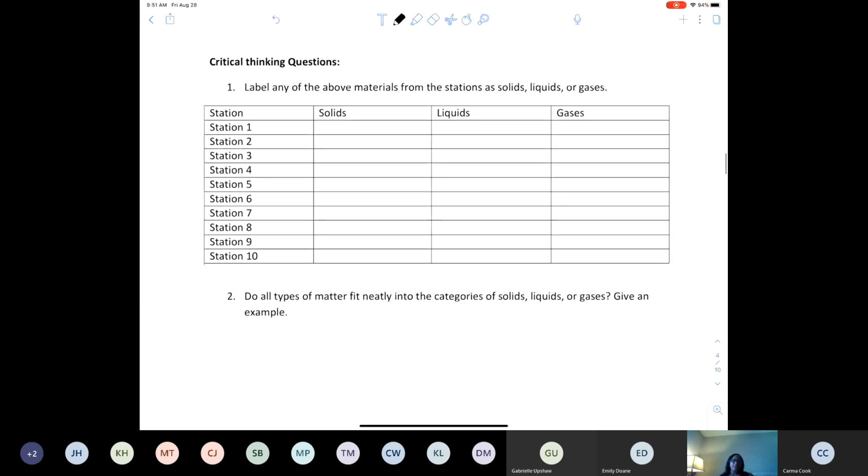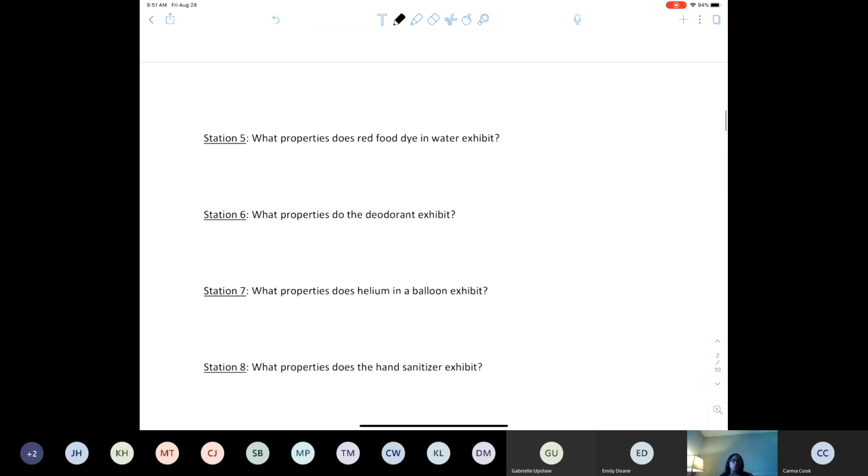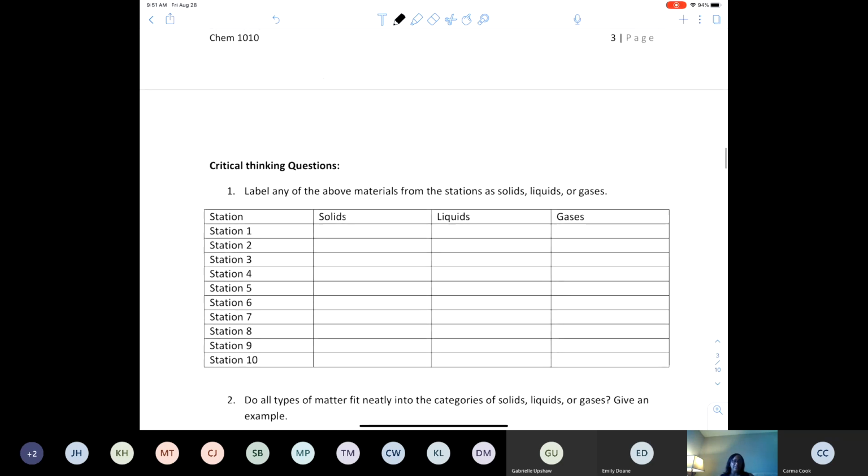Now, critical thinking question 1, you're to categorize each substance as either a solid, liquid, or gas. So station 1 is going to be the oobleck. So if you think oobleck is a solid, you'll put a check mark.